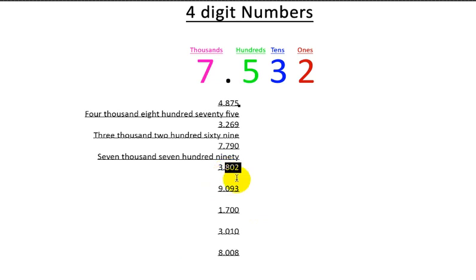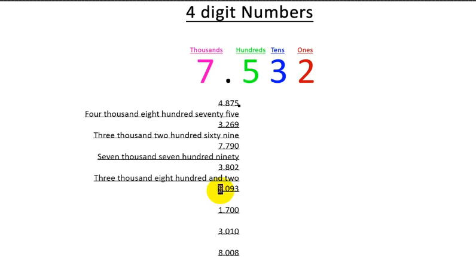What number is this? This is 802. 3,802. Whether or not you put "and" here doesn't really make a difference. It's whatever suits you best, whatever sounds better for you. It's the same. Everyone will understand the number that you're talking about.